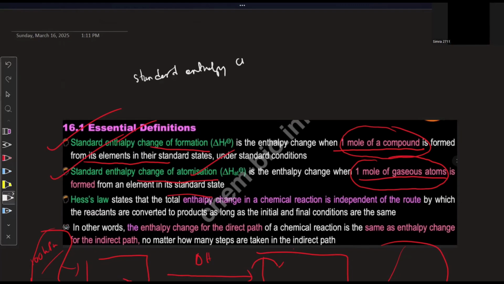Energy required to combust 1 mole of gaseous compound, right?